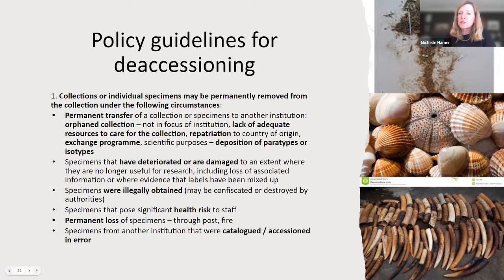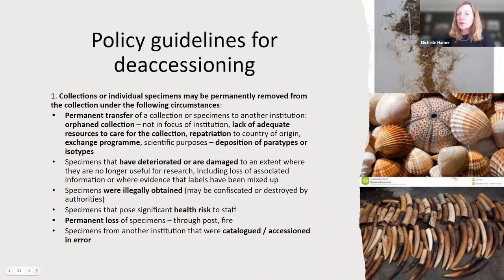And then what about specimens that were illegally obtained? It is possible that government authorities can instruct you to destroy material that was illegally obtained, or they might do it themselves. They might confiscate it from you and destroy it. And then specimens that pose a significant health risk. So you might have something that you just think is too risky and has to be destroyed.